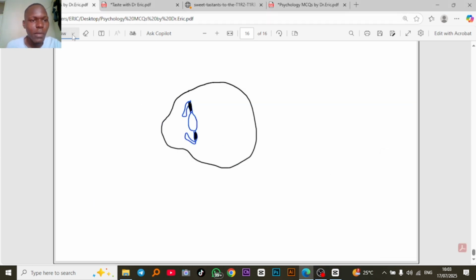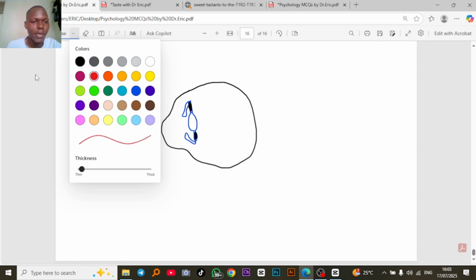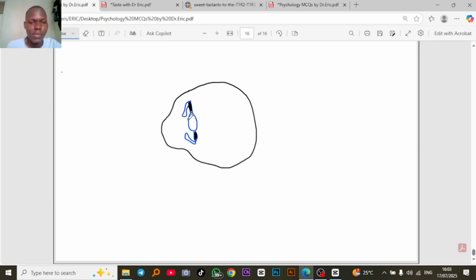So another structure which I had missed out is maybe the iris, which is when you look at your eye, that colored portion which you can see within someone's eye, of course you can't see yours. That colored portion is what we call the iris.